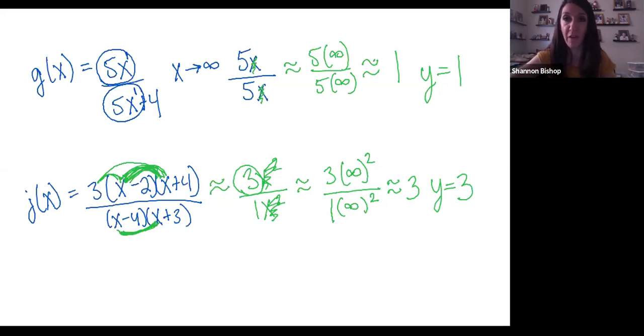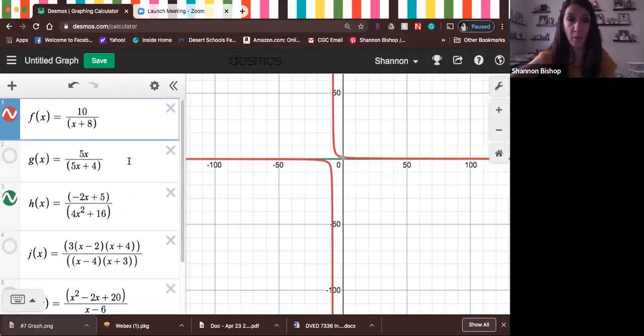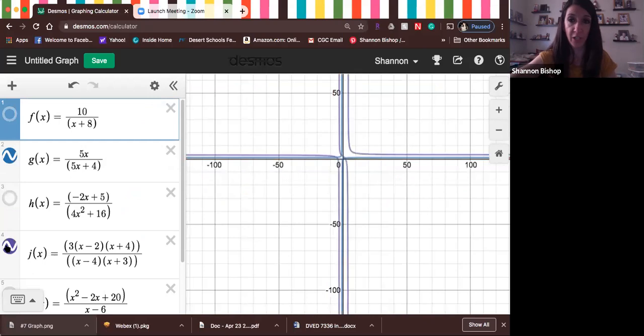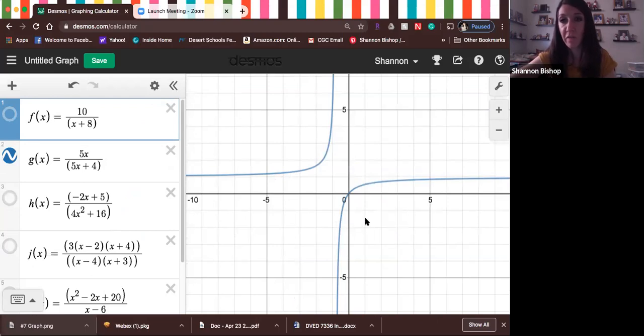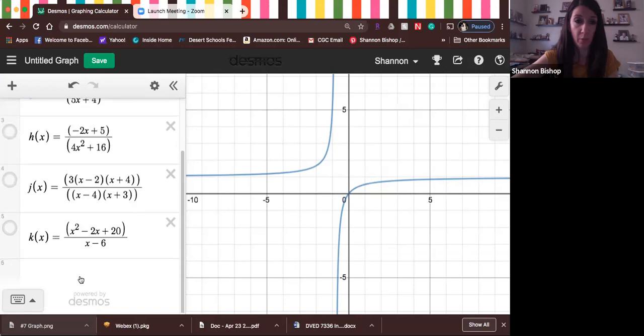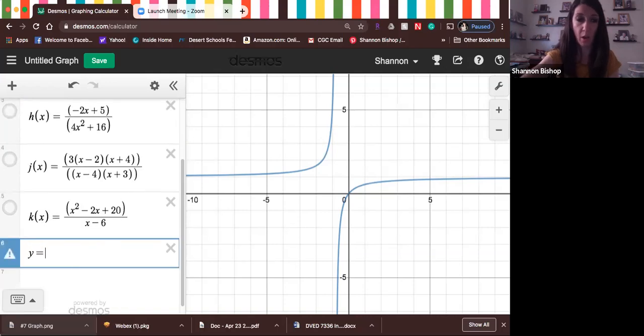Let's go look at the graph and fact check that. All right, so these are off, and what do we got? G and J. Okay, so we said that the G of X graph, let me focus on that one first, leveled out at 1, is that right? Well, let me put down here, y equals 1.